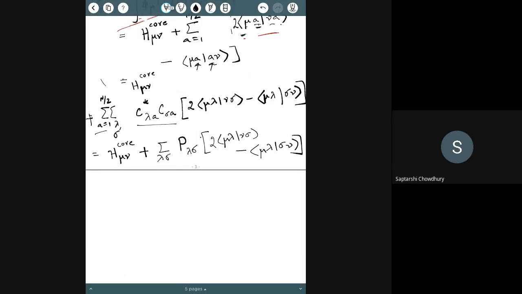So P lambda sigma is called the atomic orbital density matrix.